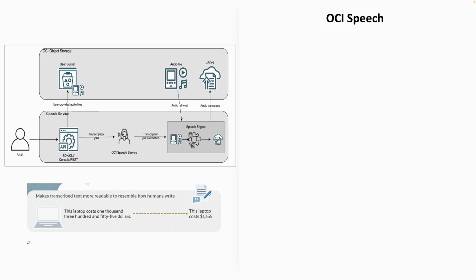Hi folks, welcome back. So after having a good look at OCI AI services like OCI Digital Assistant, then we looked at OCI Language, it's time to take a look at the OCI Speech service. Now remember, when we say speech, we are talking about speech to text, right?